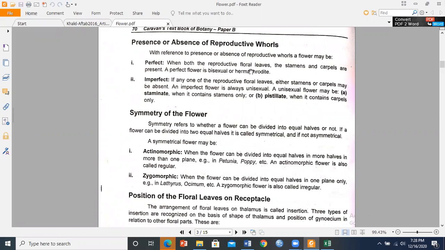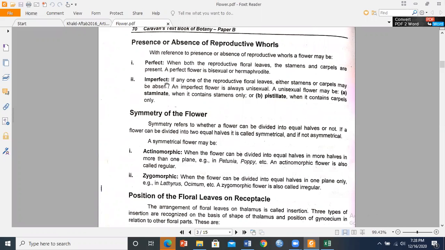In a perfect flower, both the stamens, the male part, and the female part are present in one flower. The flower is bisexual or hermaphrodite, and this condition is called perfect.